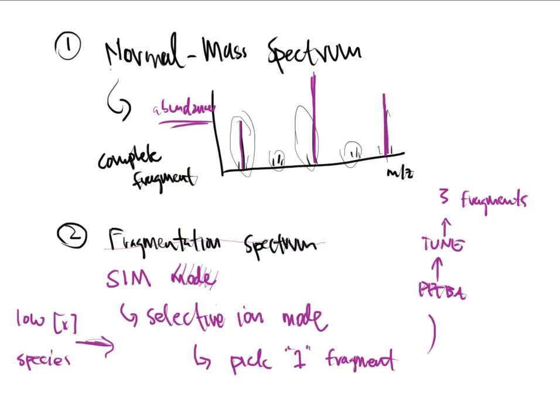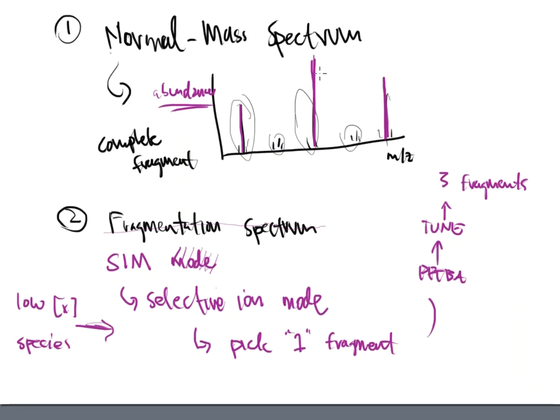Everything has to be under a vacuum here, right? If we want a fragmentation spectrum, or if we want to look at SIM, and we want to get the fragments that we're seeing here in the mass spec, everything has to go through the tunnel. Yes, everything has to go out the other end. It has to turn that curve. It has to hit the collector plate. But we have to get rid of all the trash. We need to talk about where that trash goes.